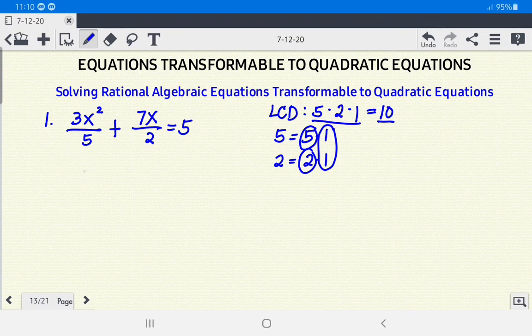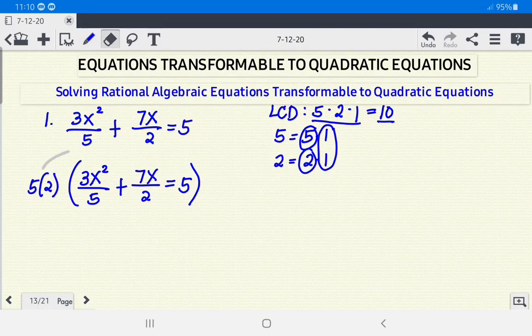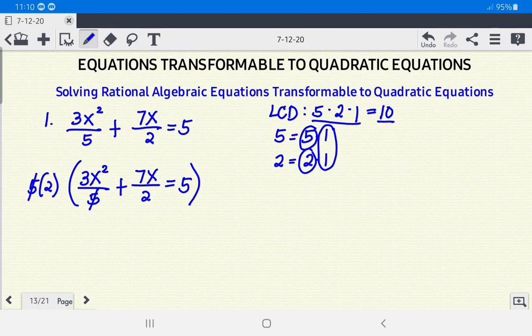So we have 3x squared over 5 plus 7x over 2 equals 5. Multiply this by the LCD. Let us make use of the factored form, 5 times 2. So we have 5 times 2 times 3x squared over 5. Let us cancel 5 because 5 divided by 5 is 1.